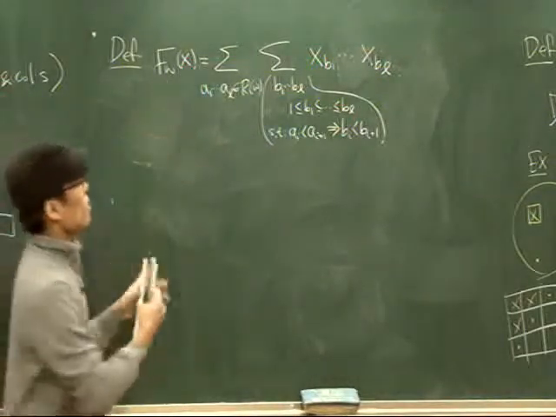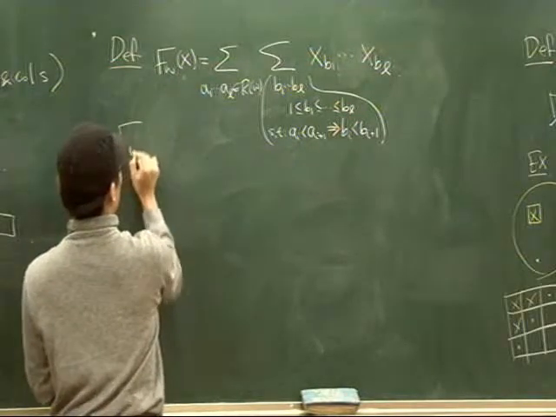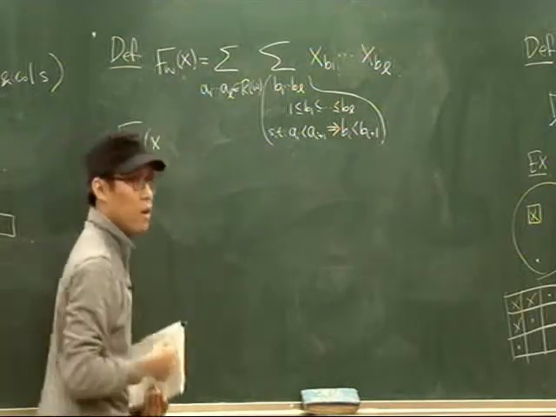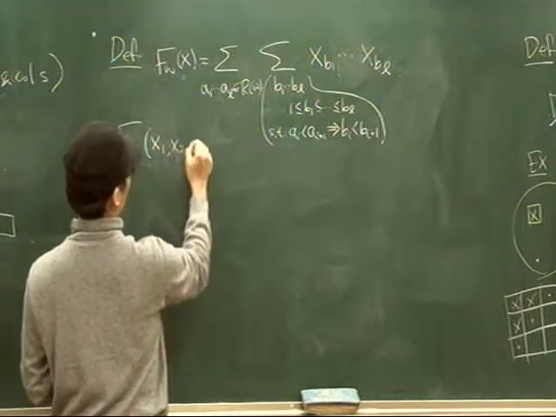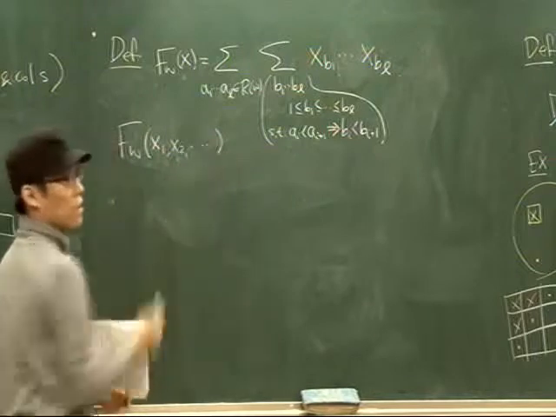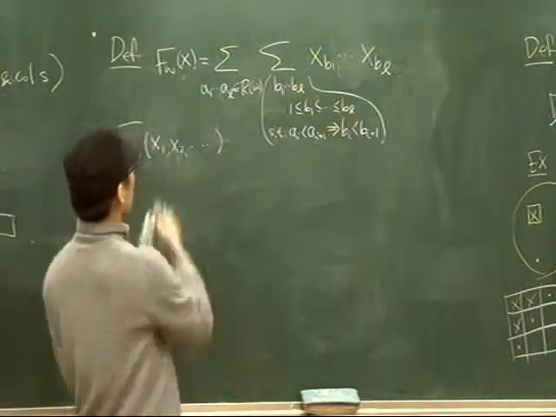F_W of x, here x means a formal sum of infinitely many variables, x1, x2, and so on.